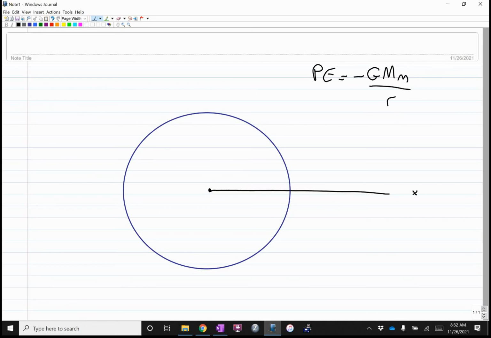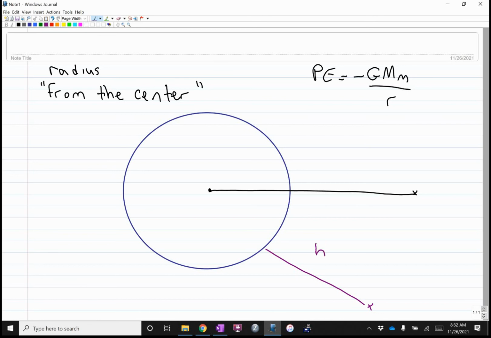So if the question uses the term radius, or if it says something like "from the center," I can just use the number that they gave me, don't need to add anything to it. What word would I use to describe that distance from the planet surface out?